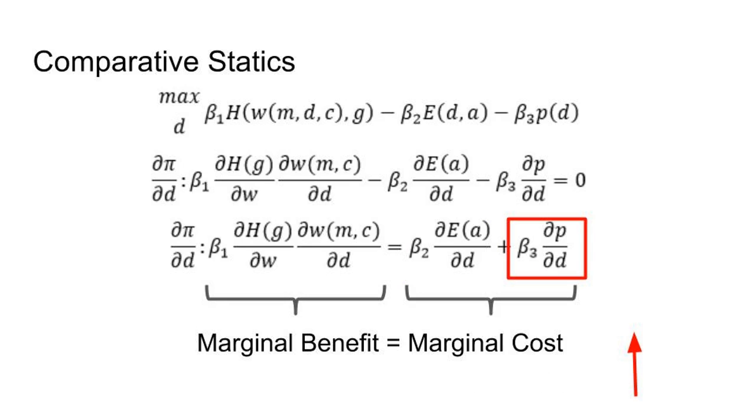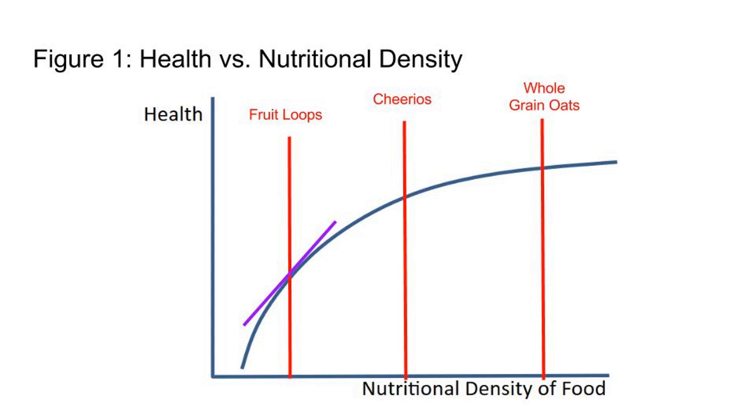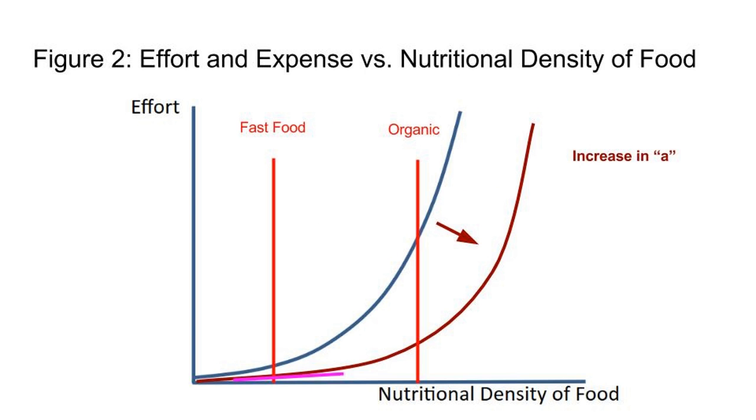Let's observe these three changes graphically. Firstly, to decrease the marginal health benefit, or the slope of the purple line, we must increase the nutritional density of food, such as switching from Fruit Loops to whole grain oats. Secondly, to increase the marginal effort, or the slope of the pink line, we must increase the nutritional density of food, such as switching from fast food to organic groceries.